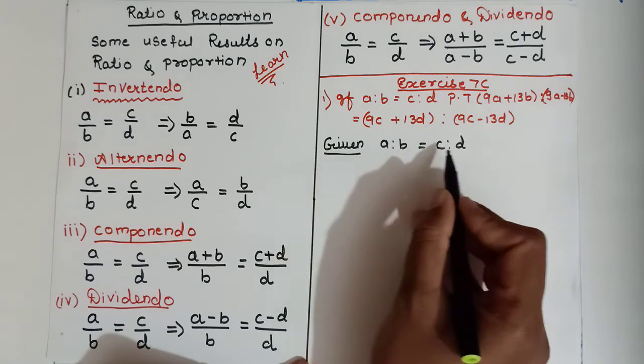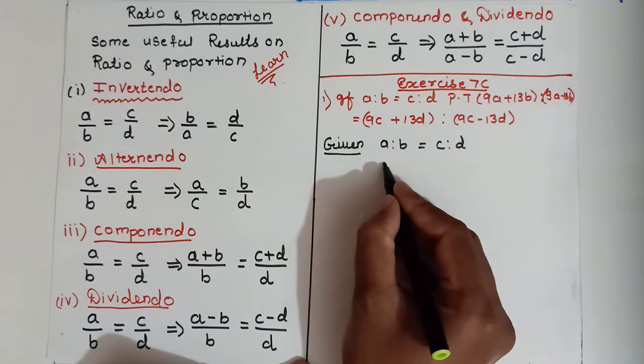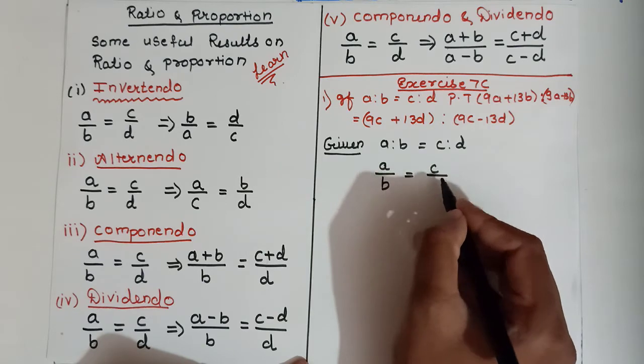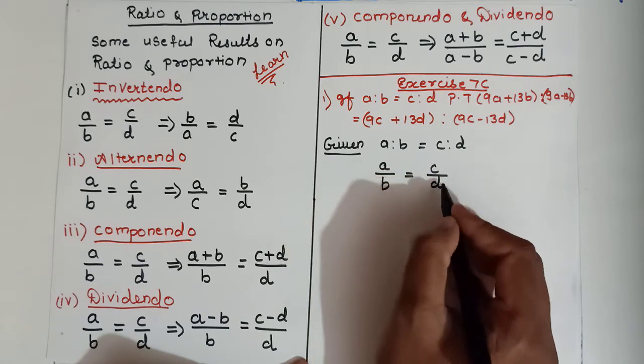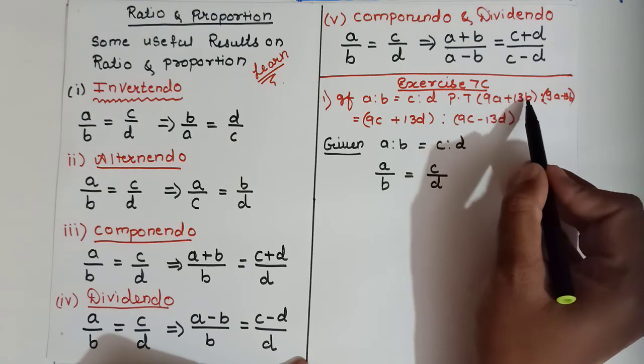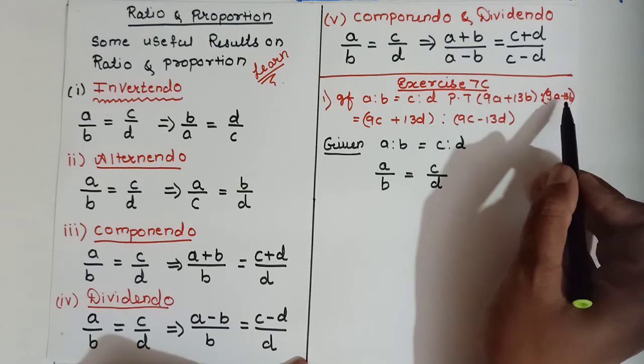Now this A upon B is to C upon D, I will write it in ratio form. So A upon B equals C upon D. If I see here, with the A what is there? 9, and with the B what is there? 13 everywhere.